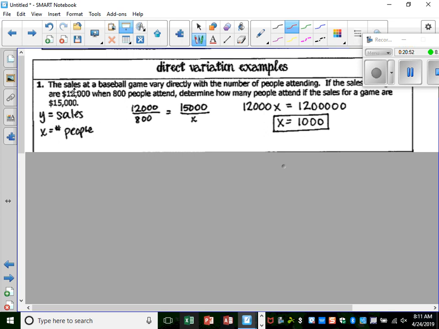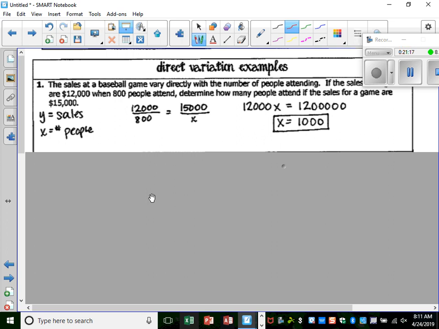What comes in front of that varies directly is your Y value. What comes after that is your X, because you got to know which one is X and which one is Y. So it says the sales at a baseball game vary directly, so sales is Y, with the number of people attending. So the number of people will be your X value.